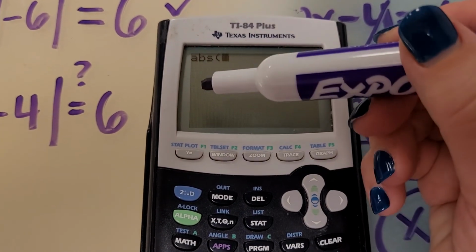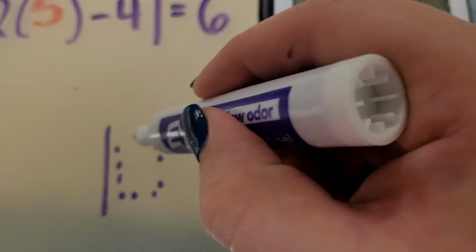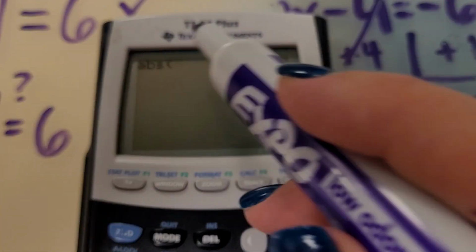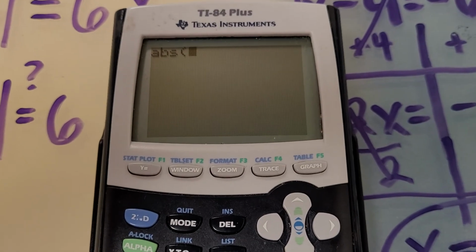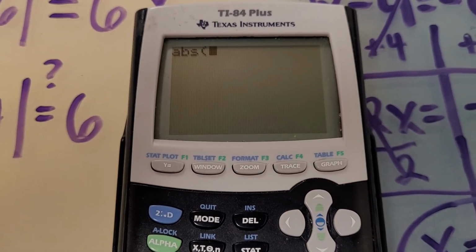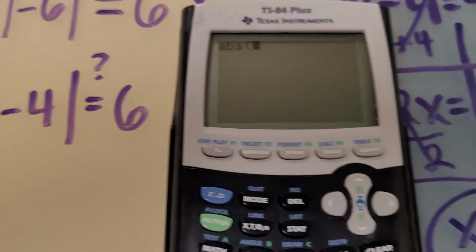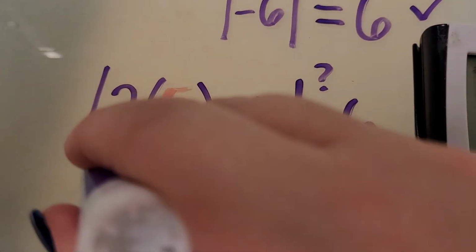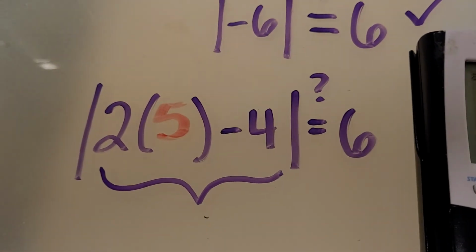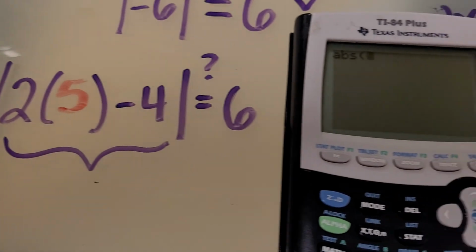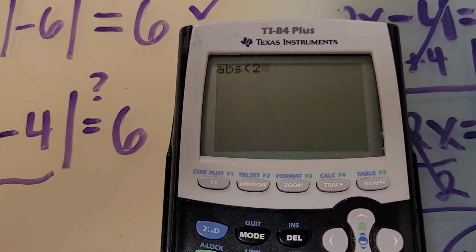Now yours might have absolute value bars and then put a little box inside with a blinking cursor for you to type. Or it might do this, ABS. But either way, we are asking the calculator to use absolute value so we can proceed. So then we would type in exactly what we have inside our absolute value right here. 2 times 5.